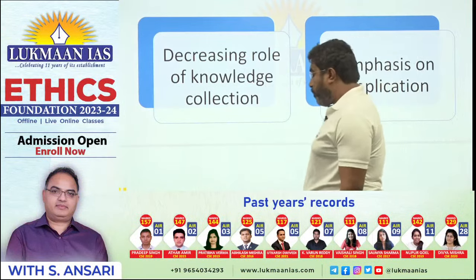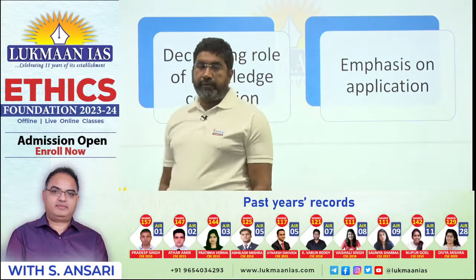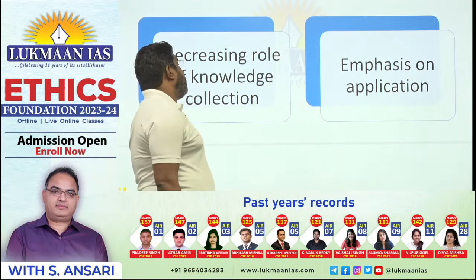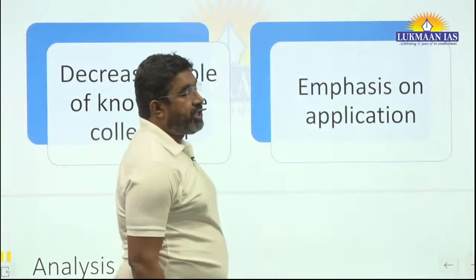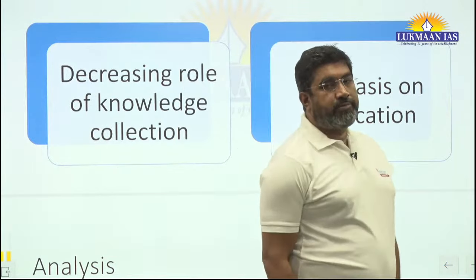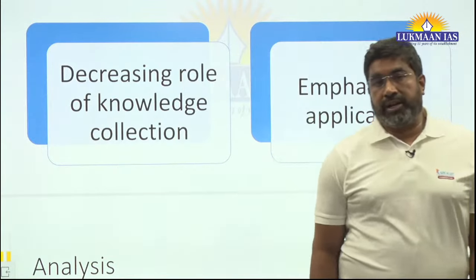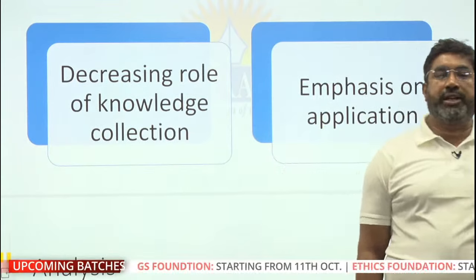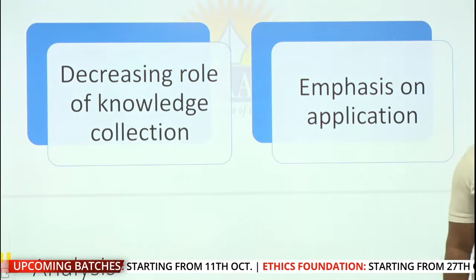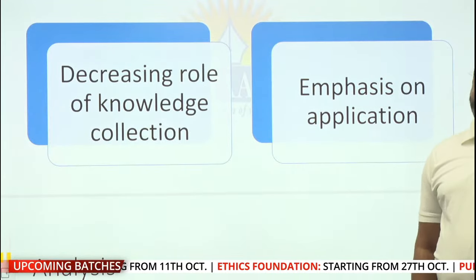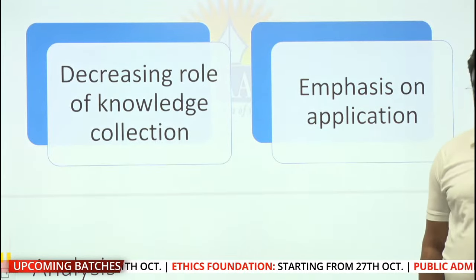in the overall application of paper 1, that the role of knowledge collection, the mad rush behind the materials, that we are supposed to remember this material, remember that material, we have to have the names of so many thinkers, that part can be seen with limited scope.